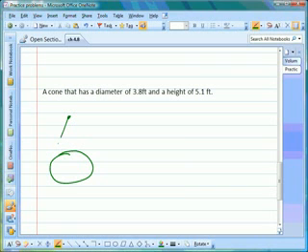I'm visual. It's a cone, so it's a circle for the base. Alright, and it tells us that the diameter is 3.8, so the diameter goes all the way across. And that should be feet. And then the height, a little right angle there, is 5.1 feet.